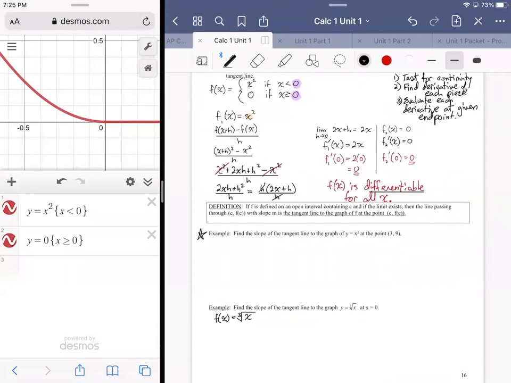Yeah, no problem. So f of x is equal to the cube root of x. If I want f of x plus h, I'm replacing the x with an x plus h.